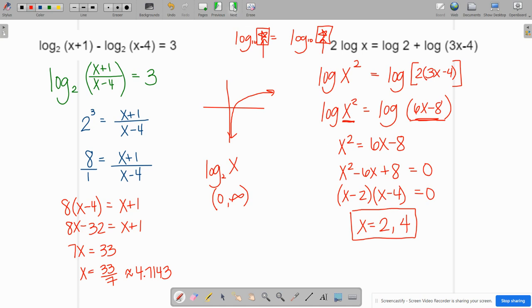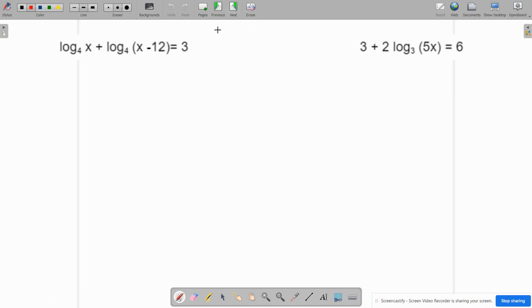We'll do one more, and the rest I'm going to leave for you to practice on your own. If we have one more problem where we only have logarithms on one side of the equal sign, let's combine them to a single log. So in this case, this would be log base 4 of, since we're adding, the product of x and x minus 12 equals 3, which means this is log base 4 of the quantity x squared minus 12x.